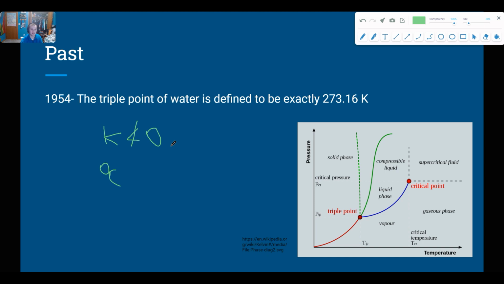The scale is not defined below 0. Celsius, though, can obviously be negative. A degree Celsius is equal to Kelvin minus 273.16, this actual constant right here, which is pretty nice.